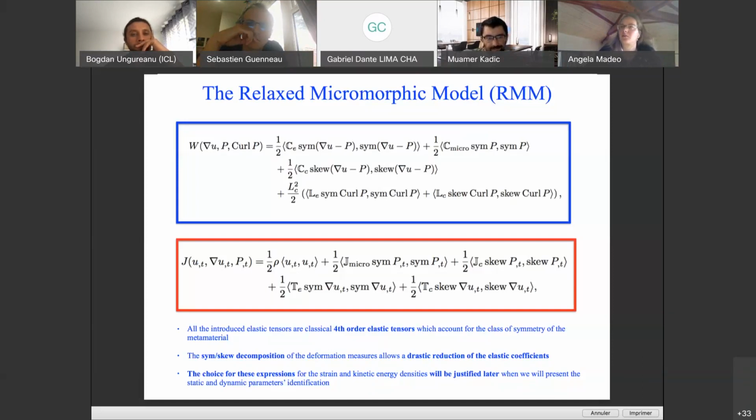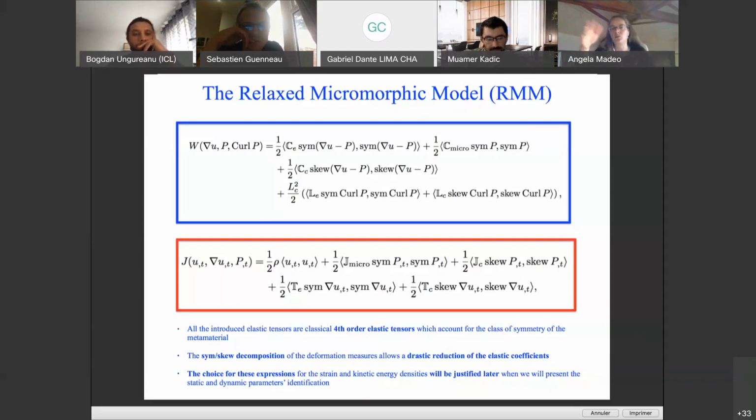Given that we want to study the dynamics of metamaterials, we also need a generalized kinetic energy. So here you see the standard part with the norm squared of the velocity. And we also have terms which are also apparent in Mindlin-Eringen models with the derivative of P in some sense.